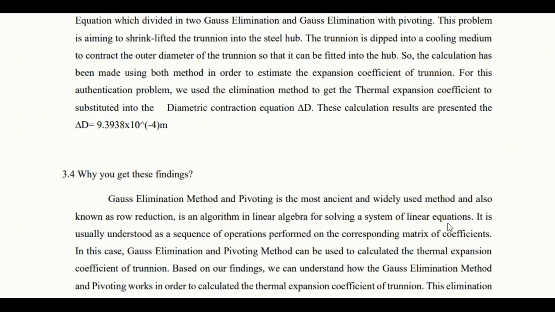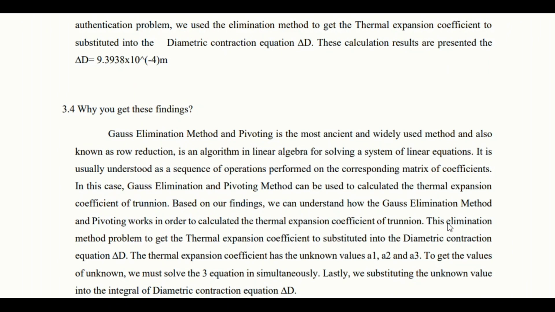And why do we get this finding? Gauss elimination method with pivoting is the most ancient and widely used method, also known as row reduction. It is an algorithm in linear algebra for solving a system of linear equations. It is usually understood as a sequence of operations performed on the corresponding matrix of coefficients, and in this case, Gauss elimination with pivoting can be used to calculate the thermal expansion coefficient of the trunnion. Based on our findings, we can understand how the Gauss elimination method with pivoting works.